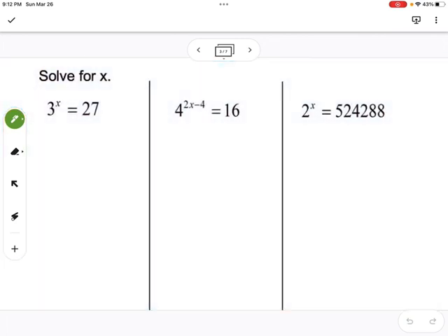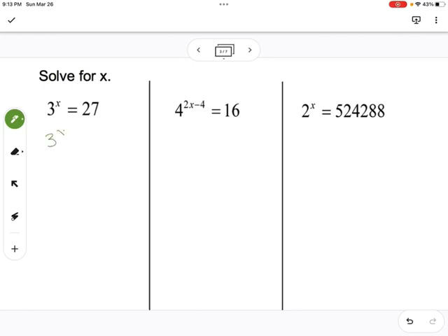Okay, so you can be given questions where the base is not the same, and your goal is going to be to make the base the same. So looking at the first one, we have 3 to the exponent x equals 27. So we want to make this 27 as an exponent with a base of 3.